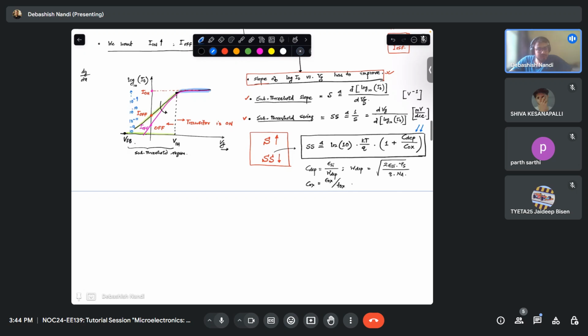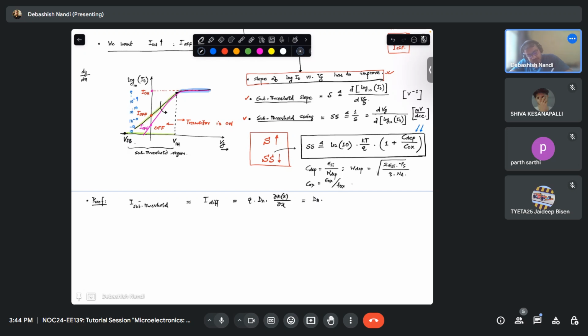Okay, so how this equation came about is not in the scope of this lecture or this course, but you can do the detailed derivation. It is pretty easy. I will just point out the steps. You need to start with your current equation and assume that I subthreshold is basically I diffusion, right? And that will be q times D of N times dN of x over dx.